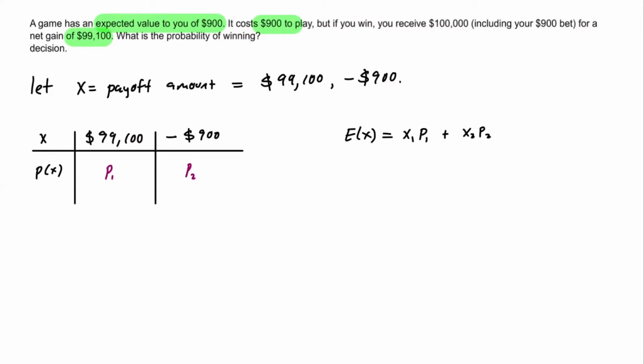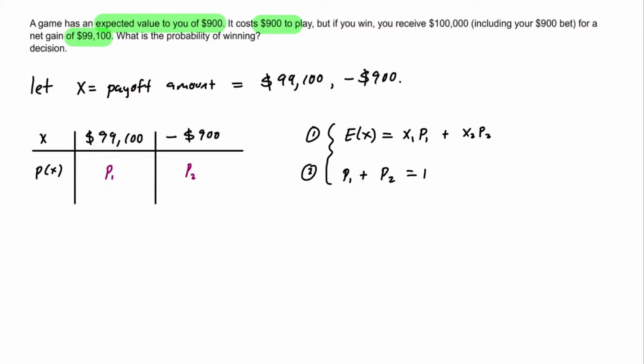That's equation 1. The second equation we know is that the sum of these probabilities should always be equal to 1, so P1 plus P2 must equal 1. So we create a system of equations, and now we're going to solve for P1, since that's the component we're looking for.